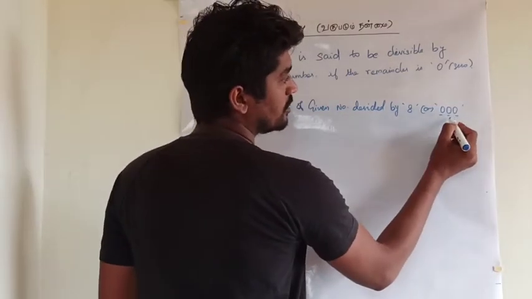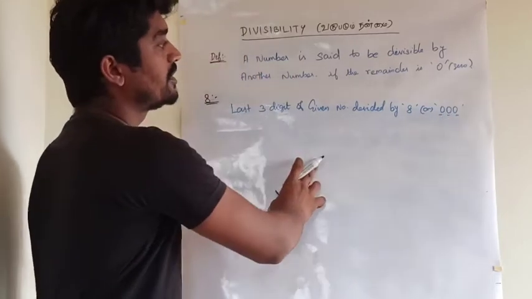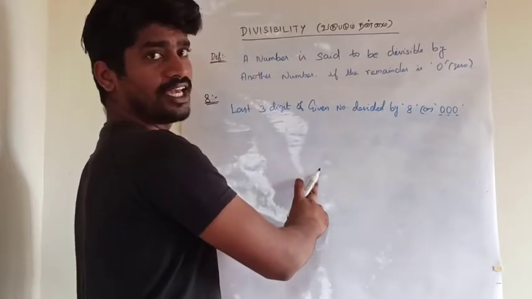Unit digit, tens, hundreds. If the last 3 digits are 0, the number is fully divisible by 8.